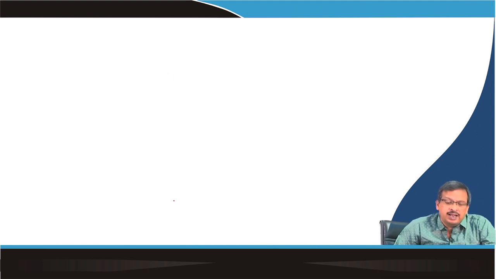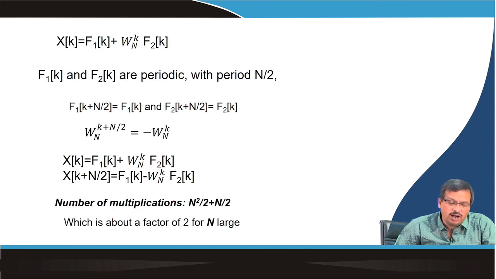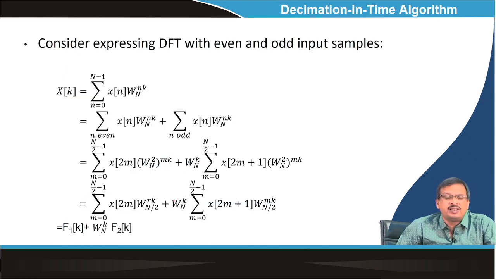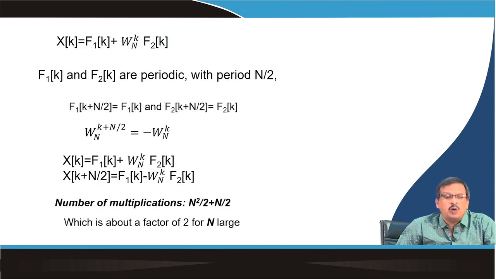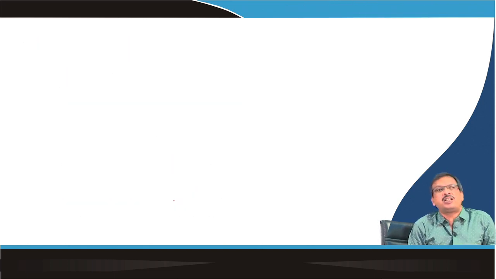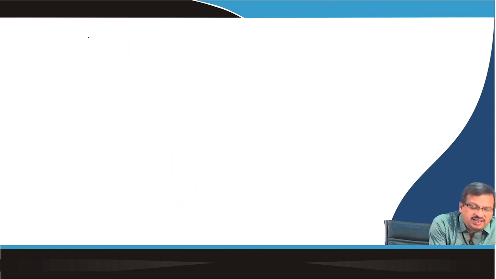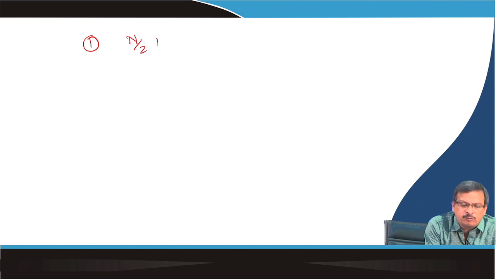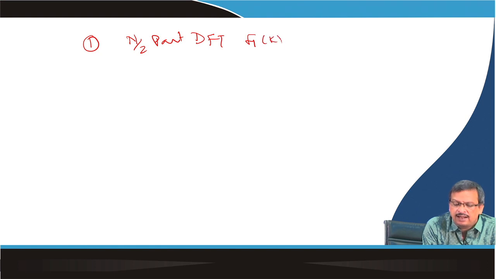So, for the decimation in time algorithm, what is the computational complexity? What are the stages required? Stage 1: I have to compute the n by 2 point DFT for F1k and F2k.